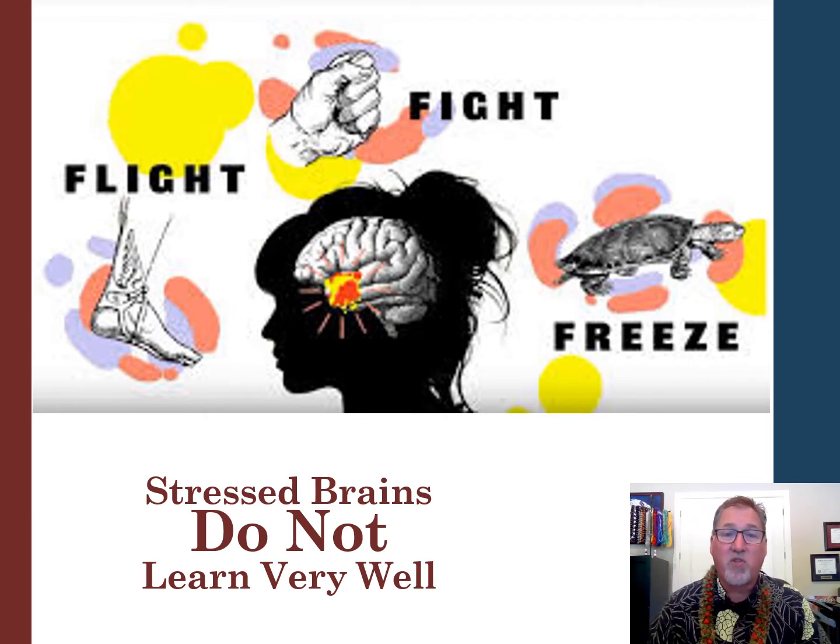It will keep us from learning, because the goal of the amygdala is not to help us learn. It's just to keep us alive. And so it's really at a survival level. And so what we have to do is make sure that the amygdala can calm down and stay calm.